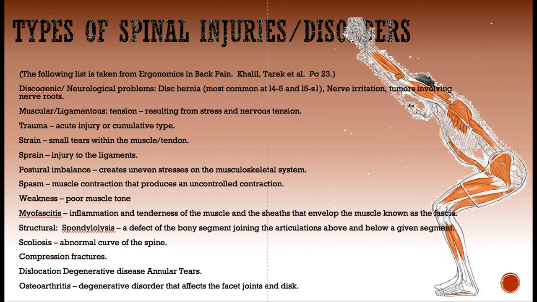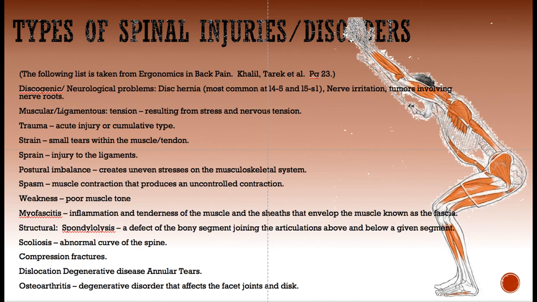You can have trauma, such as acute trauma or cumulative trauma to a muscle, tendon, or ligament. A sprain or strain is a tear versus a stress-induced weakening within the muscles. A muscle spasm is a muscle contraction that is produced uncontrollably.